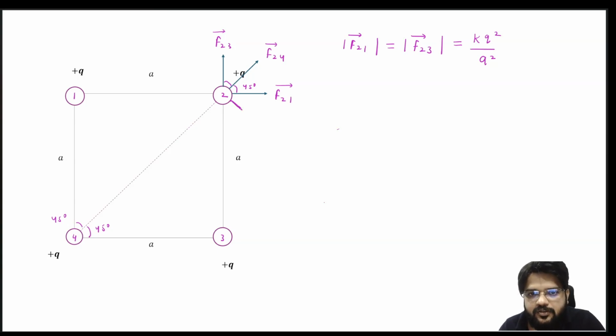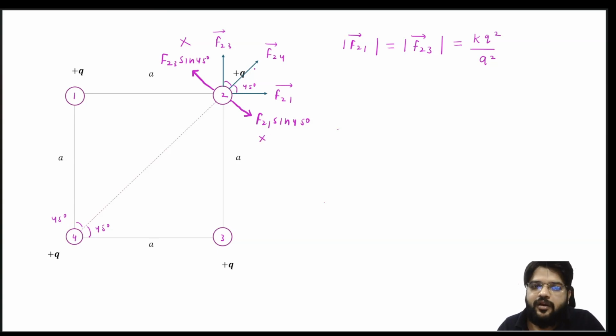So this is F21 sin 45, correct? And if I resolve F23 in this direction, this component is F23 sin 45, correct? And we can see F23 and F21 have the same magnitude. So this and this will cancel each other.